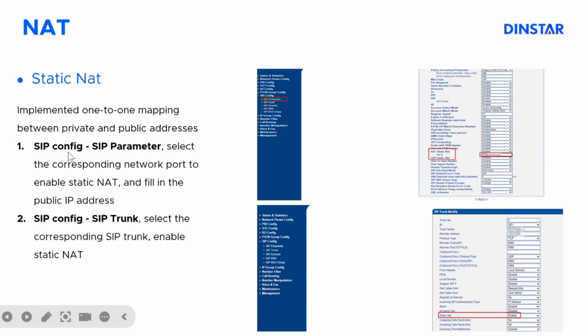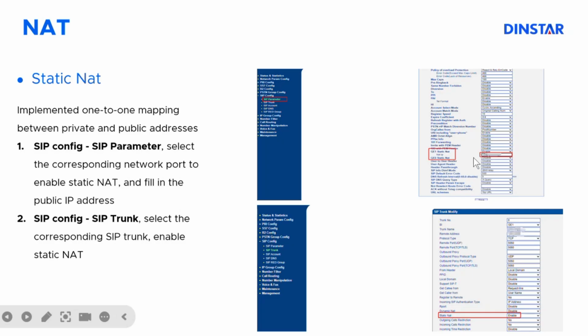The first is static NAT. With static NAT, we can assign a public IP here in the SIP parameters to the specific interface, like we can set it in the G1 and also the G0.